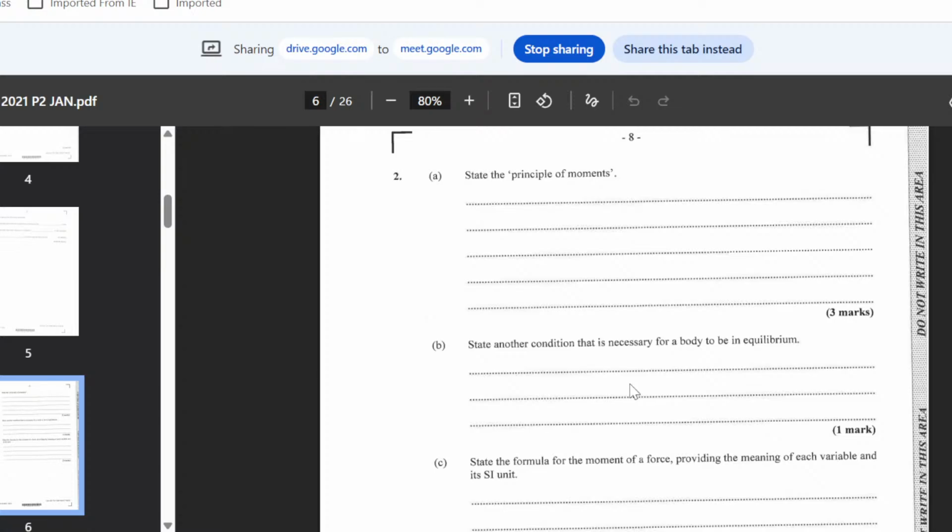Rotation. Is that the principle though? You're describing moments a bit, but is that the principle of moments? What is the actual principle? What does that state? It states that... anybody else can assist?